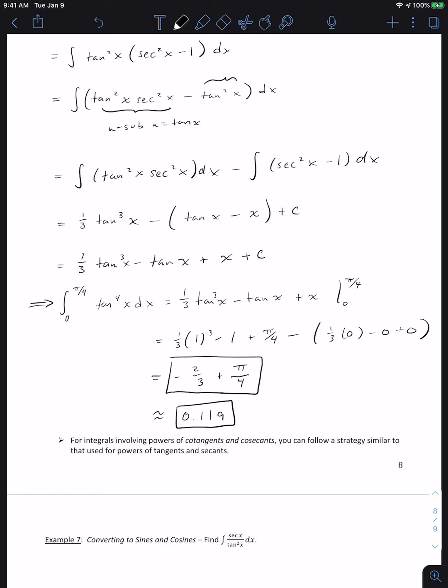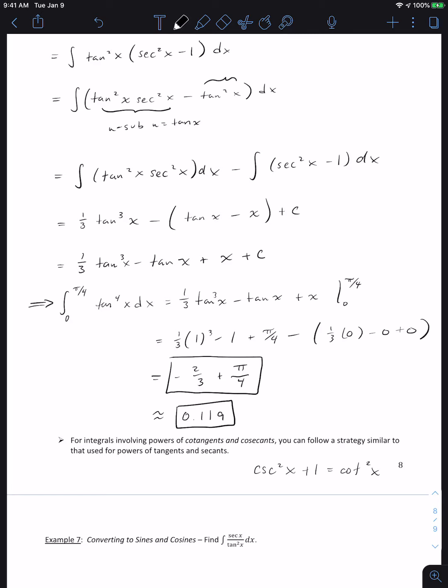Okay, so that's how you do secants and tangents. The same strategy works for cosecants and cotangents, right? You just have to use the identity of cosecant squared x minus 1 equals cotangent squared x.